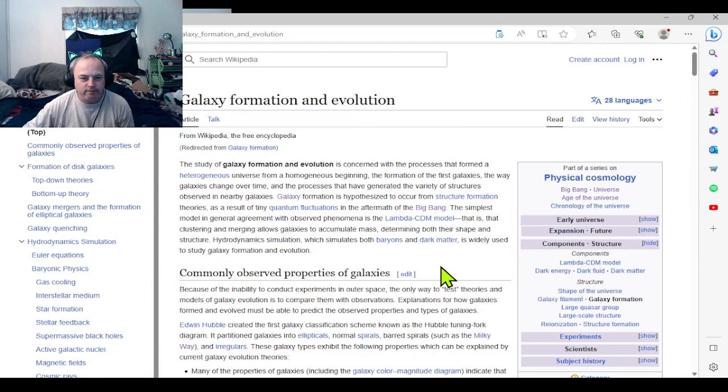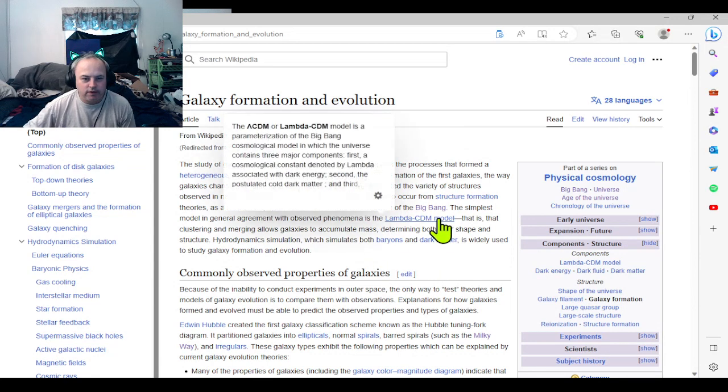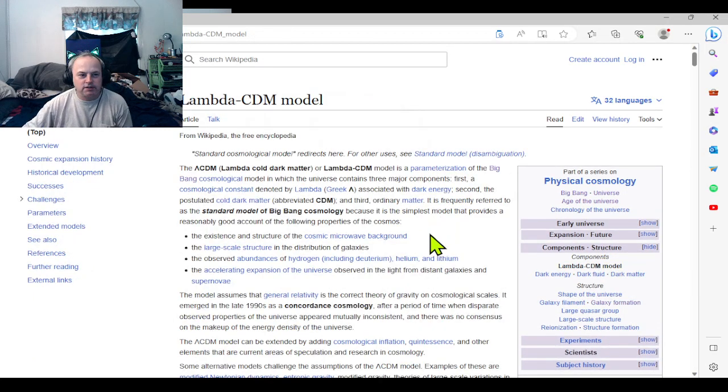I don't know. So this is supposed to be a model in which the universe contains three major elements. First, a cosmological constant. Second, dark energy, in the standard model of what they call the Big Bang cosmology.